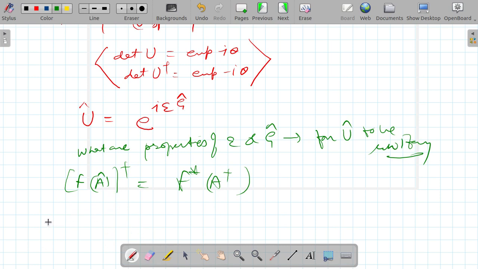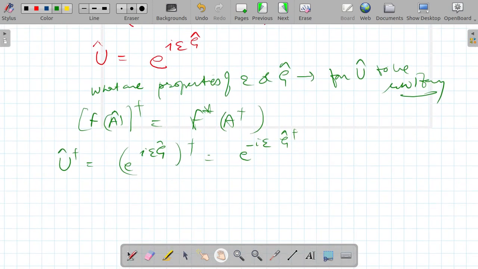So now consider U dagger, which is equal to e raised to the power iεG, whole dagger, equal to exponential of minus iεG dagger. Then U inverse can be written as e raised to the power minus iεG, right?